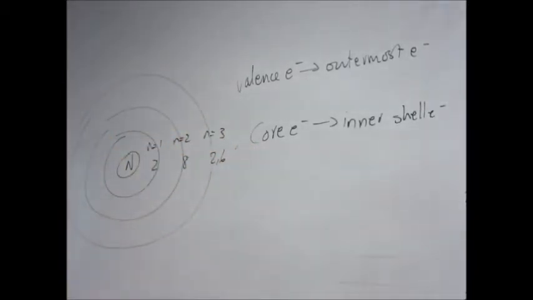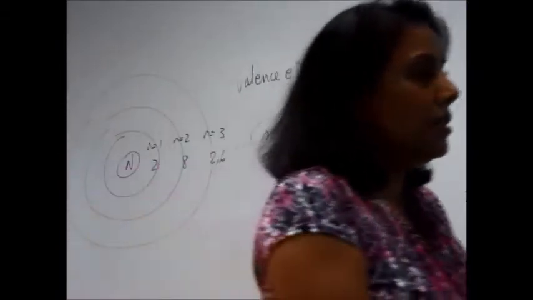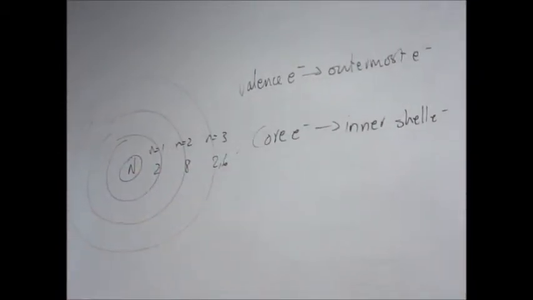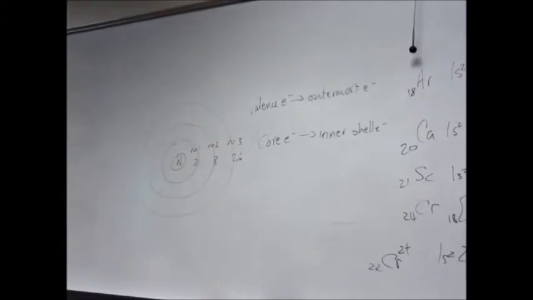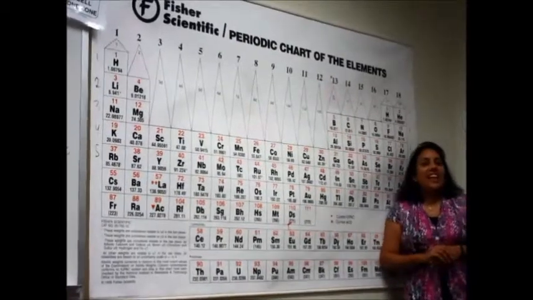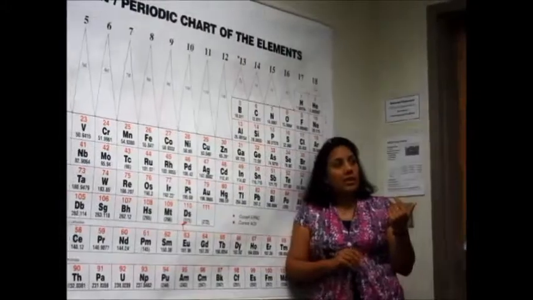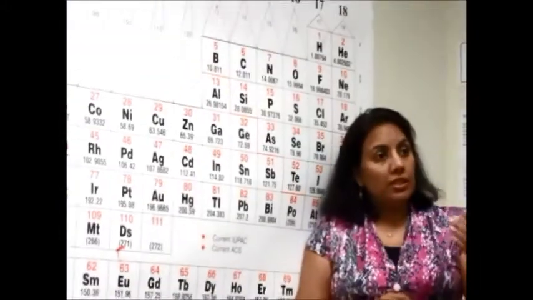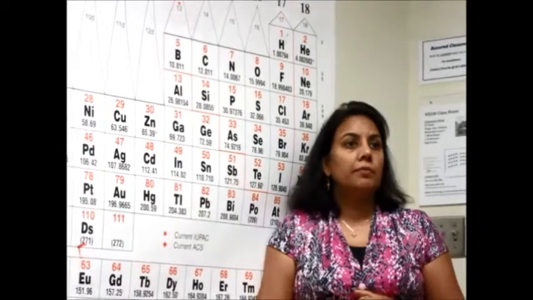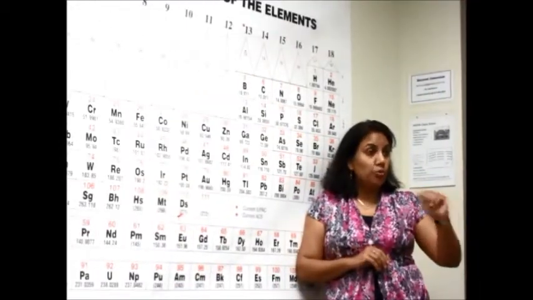So I have a question for you before I finish the chart here. At any given time, for any of the elements in the outermost shell, how many electrons would you have? The maximum electrons you can have in the outermost shell.